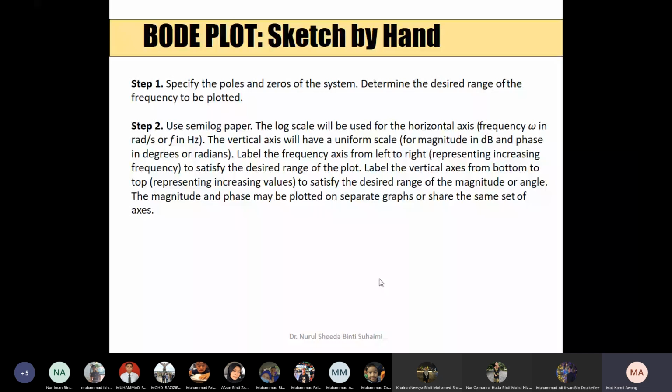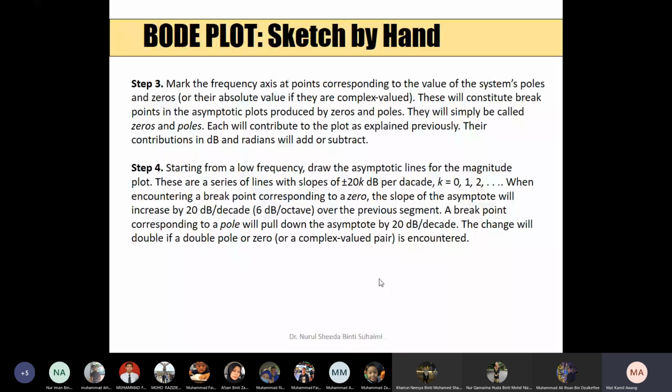Then we take the semi-log paper and draw the horizontal axis and the vertical axis, and we mark the corresponding points in terms of poles and zeros. That's what we did with P1, P2 just now.